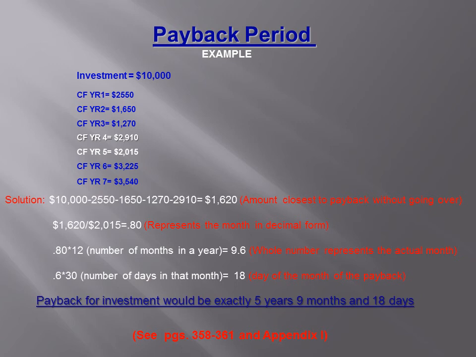September has 30 days, and that would give me 18. So my payback for that investment would be exactly 5 years, 9 months, and 18 days. Now, I may not ask for that level of specificity, but I can. So I want you to know how to do it.